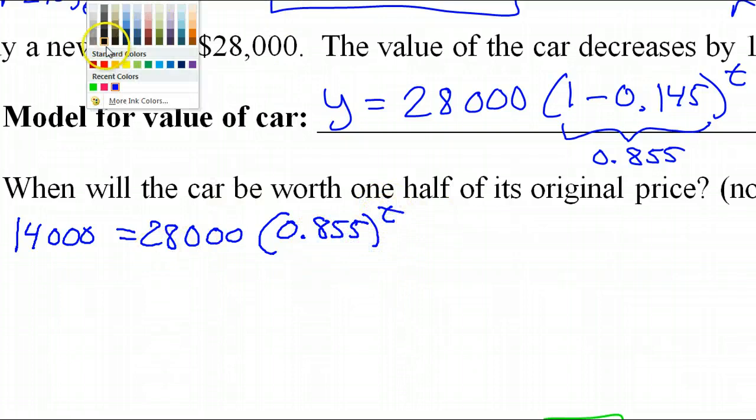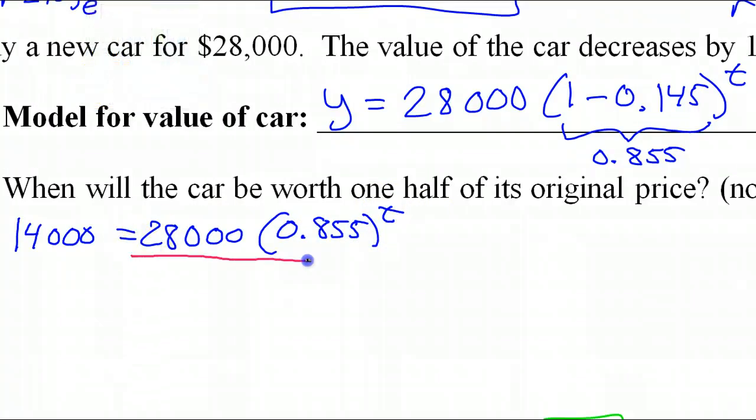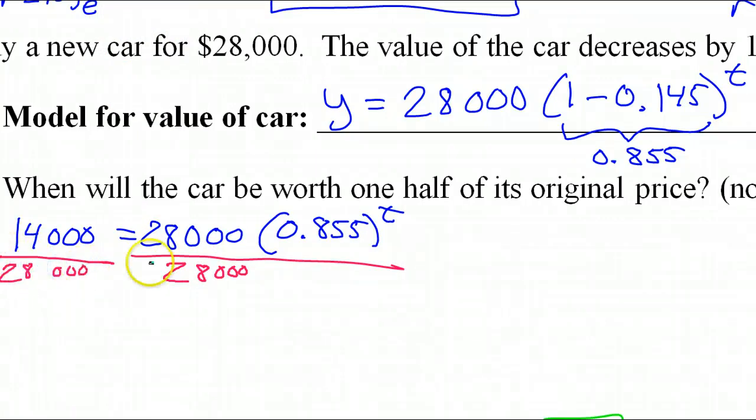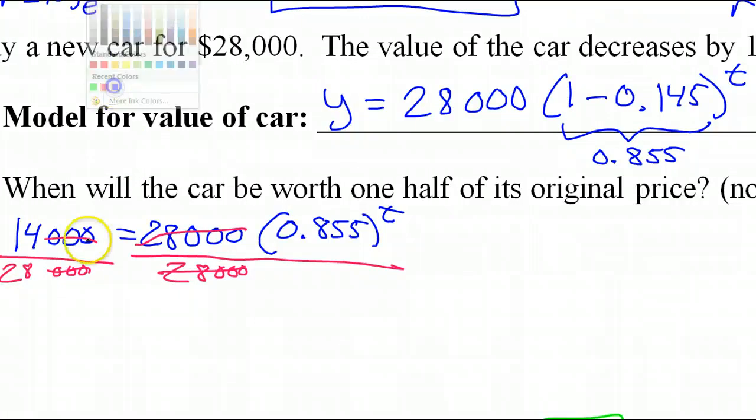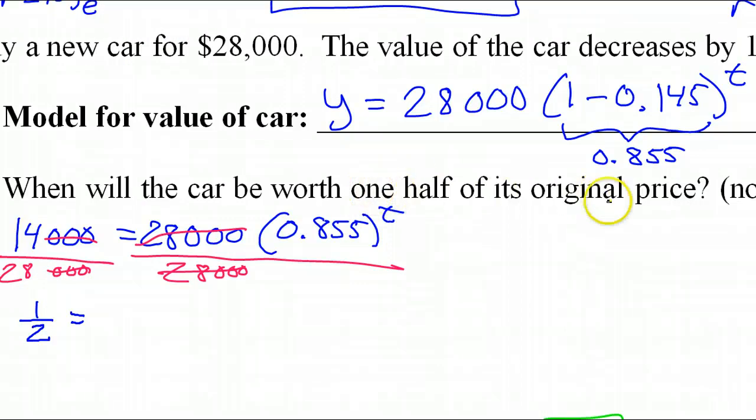Of course, we will divide by that 28,000. And I can shorten this up. 14 over 28, so that'll be 1/2. Silly me, thinking about it, we knew it was going to be 1/2 because it has to be 1/2 of its original price.